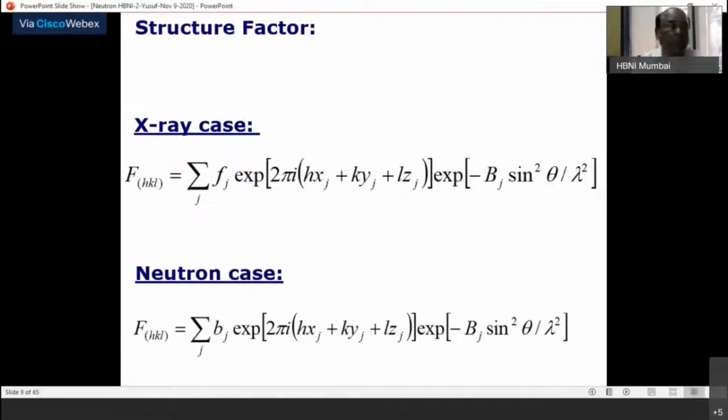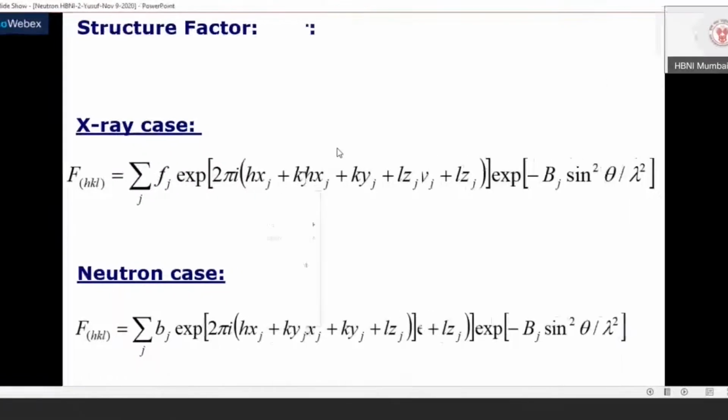That function is there only when there is a nucleus, because of the short-range nature of the force. The strength of that interaction, the scattering length between the neutron and the nucleus, is nothing but b_j, for the jth nucleus of one particular material.